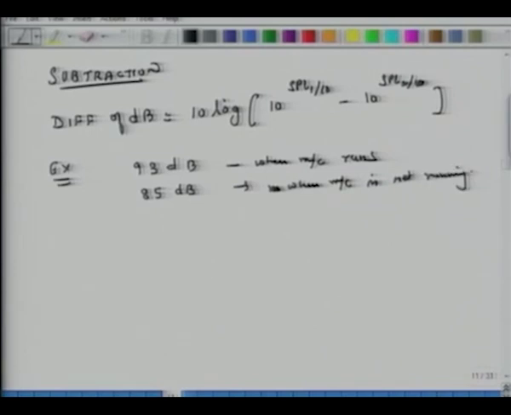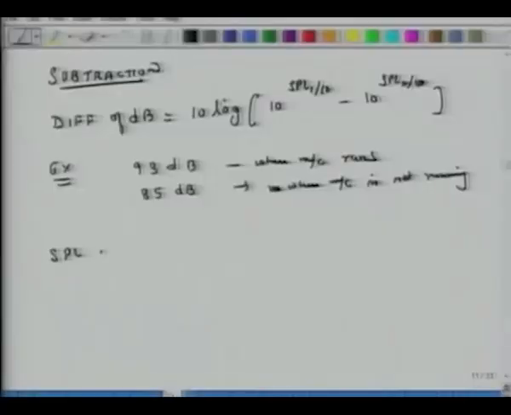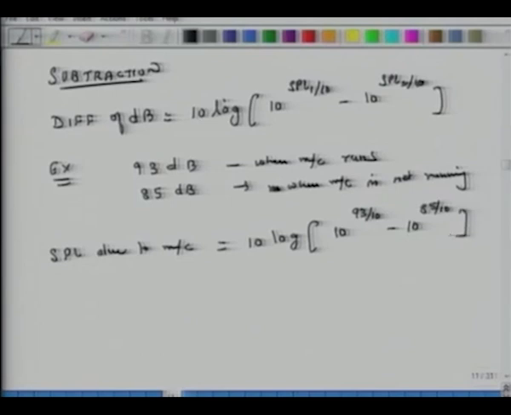So a logical question could be, what is the overall contribution of the machine to the overall noise level? So SPL due to machine is 10 log of 10 to the power of 93 over 10 minus 10 times 10 to the power of 85 over 10, and this gives me 92 dBs.